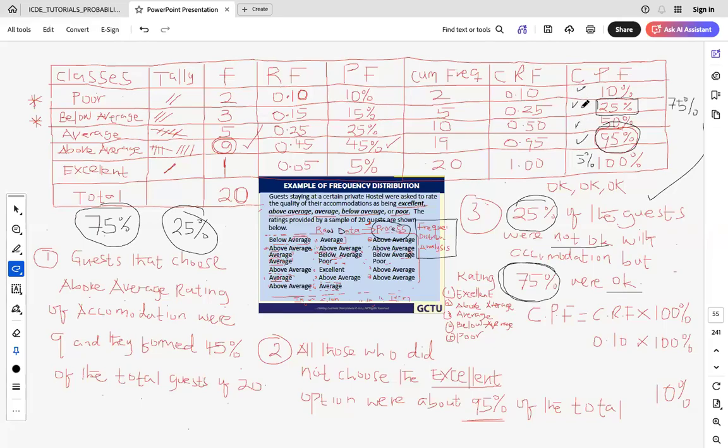The first one is forming 10%. The first two is forming 25. The first three is forming 50. The first four is forming 95. That is the order. Yes, sir. Right. Any other question?